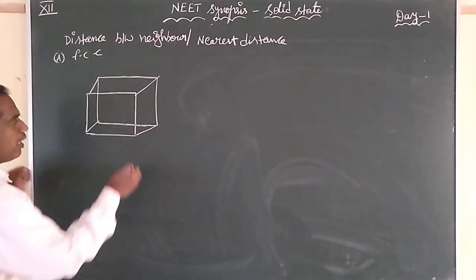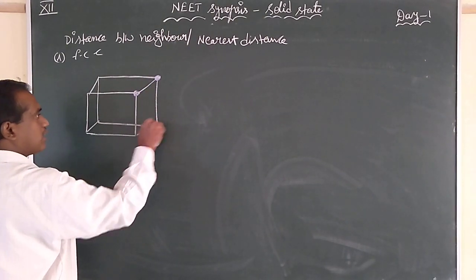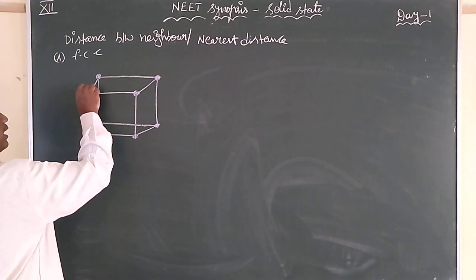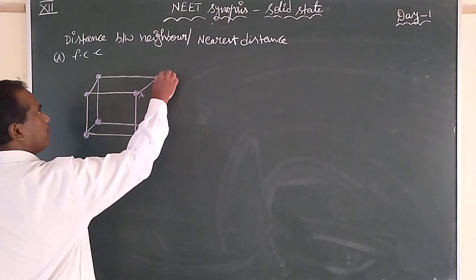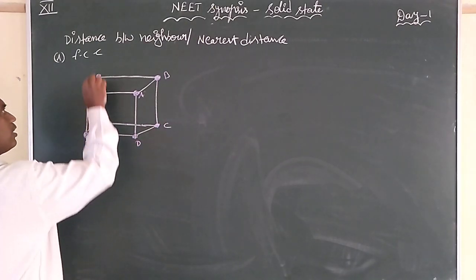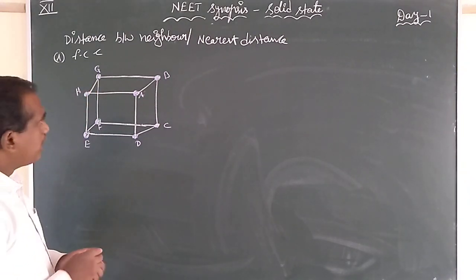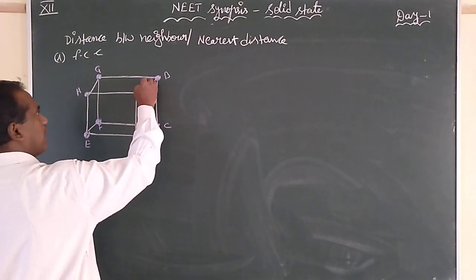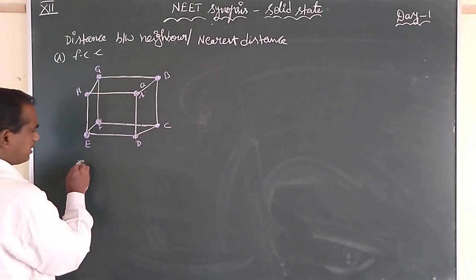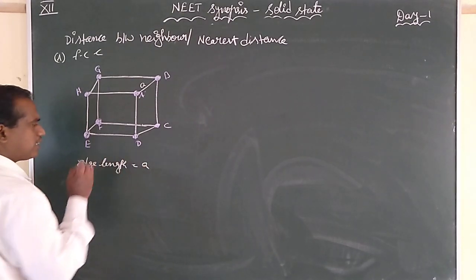In order to identify, I am calling this one A, this B, this C, this D, E, F, G, and H. Face centered cubic unit. Here all the edge lengths are given as a. Edge length is given as a.